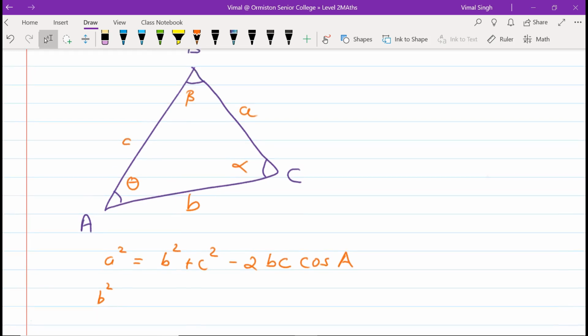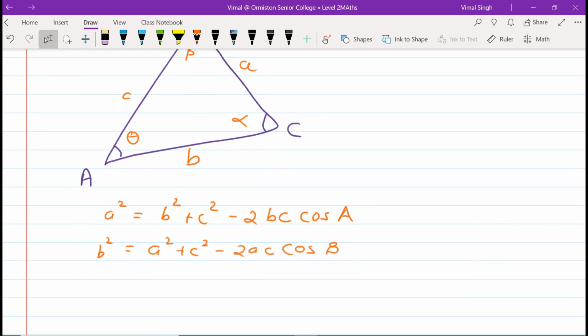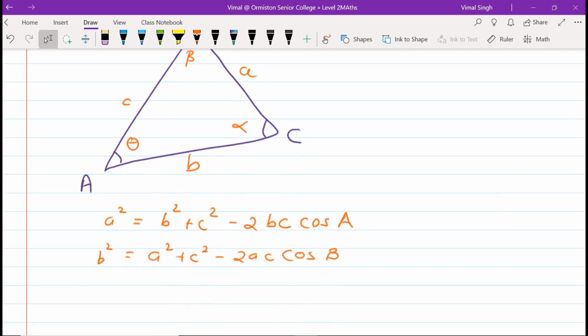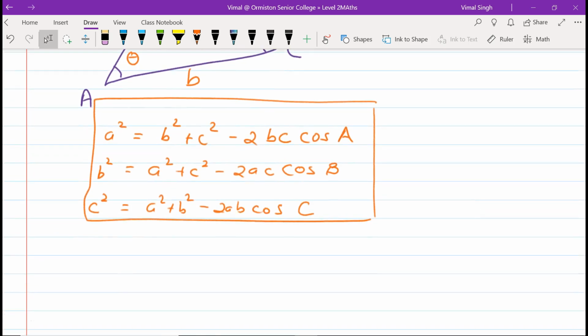If I want to calculate the length of b squared, then this is going to become a squared plus c squared minus 2ac cos of angle B. And then if I want to work out c squared, then I will have a squared plus b squared minus 2ab cos of angle C. So these are the three formulae that will allow you to calculate the length of the sides of a non-right angle triangle.